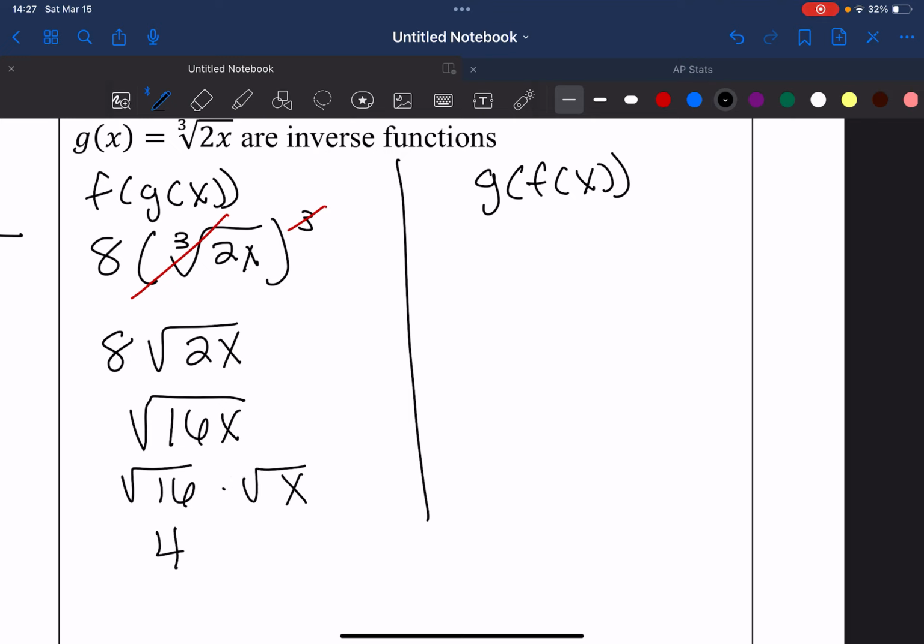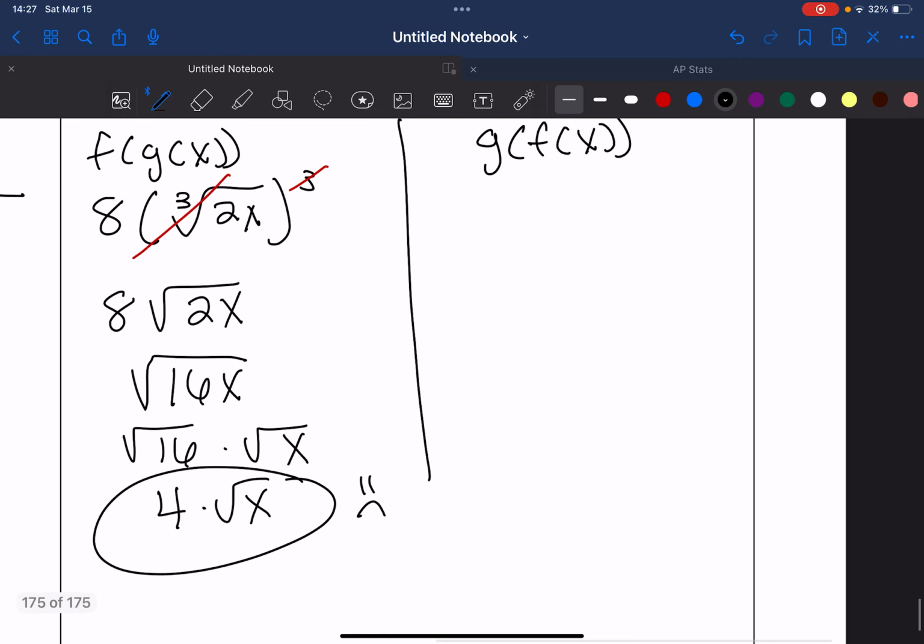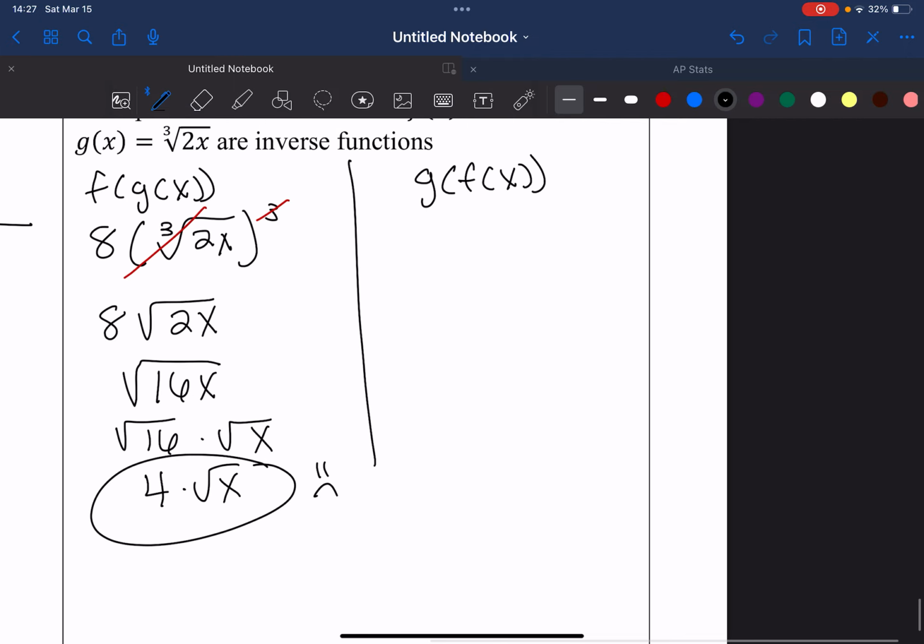So this is 4 times the square root of x. Uh-oh. Notice this does not equal x. So because it does not equal x, I still have to check the other side, but already in my head I'm thinking they're probably not inverses.